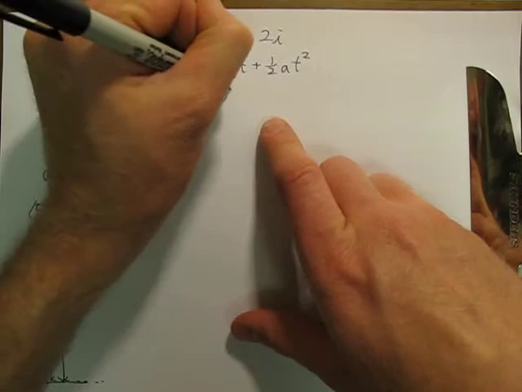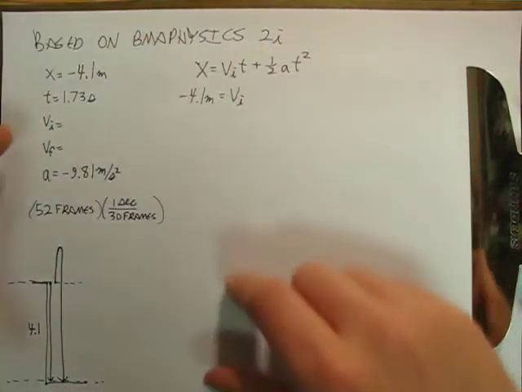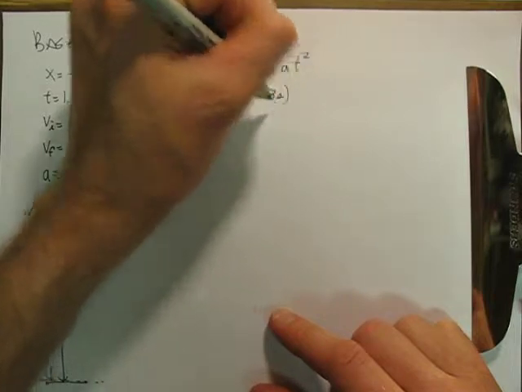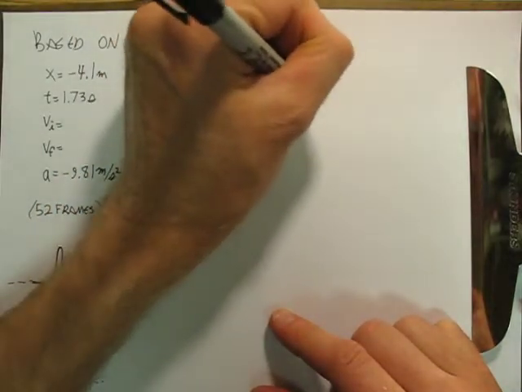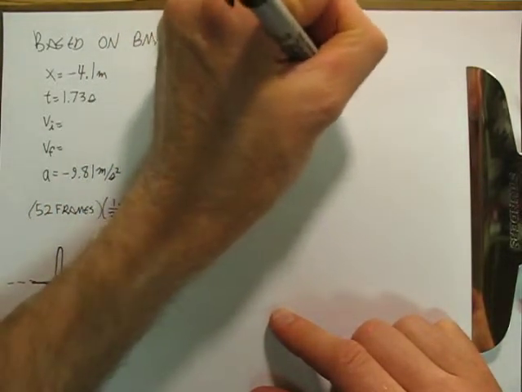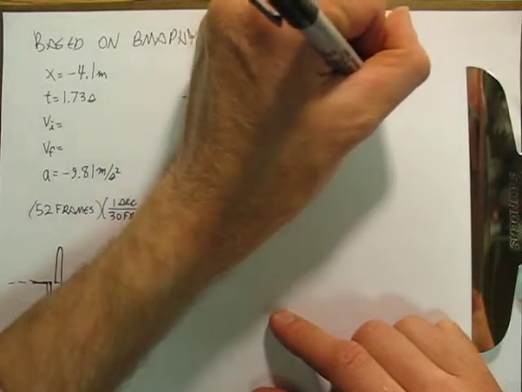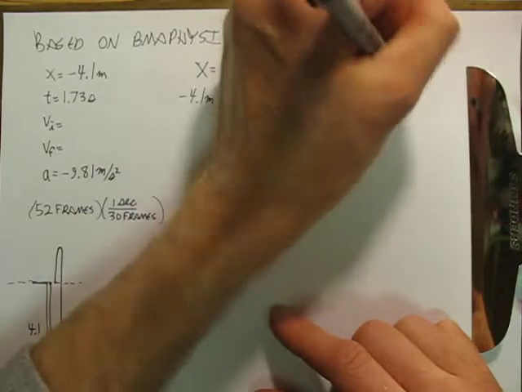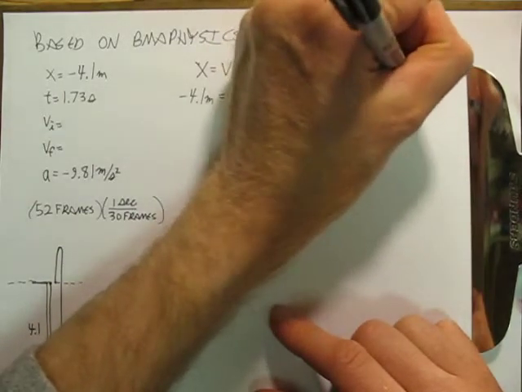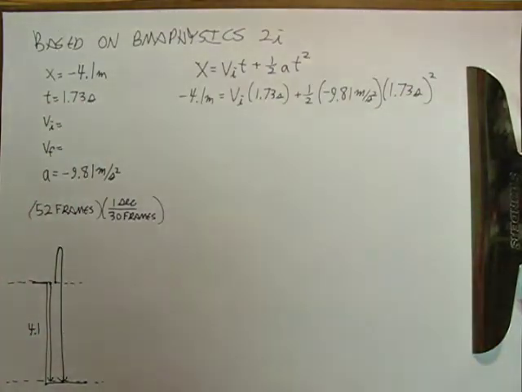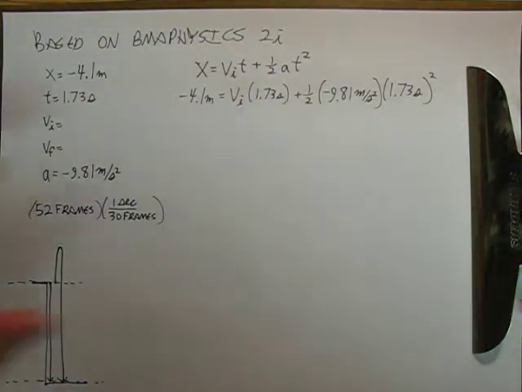My VI I do not know. My T is 1.73 seconds, plus 1/2 times negative 9.81 meters per second squared, and then my time is 1.73 seconds squared.